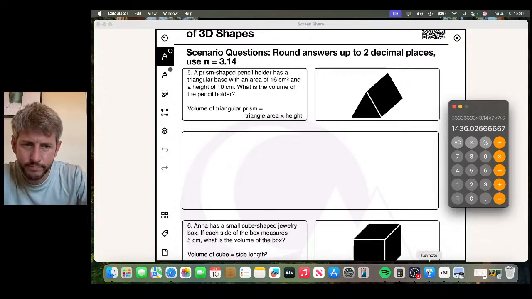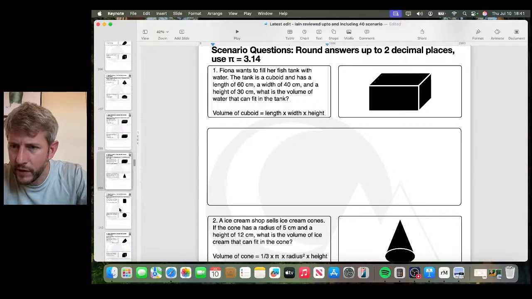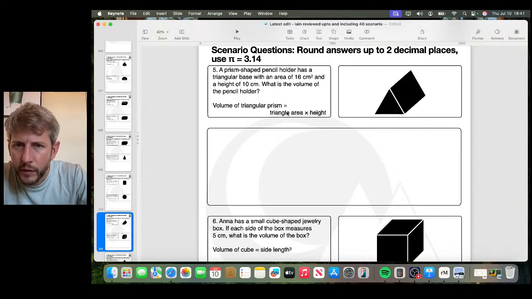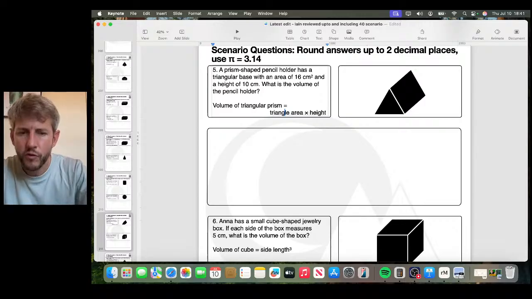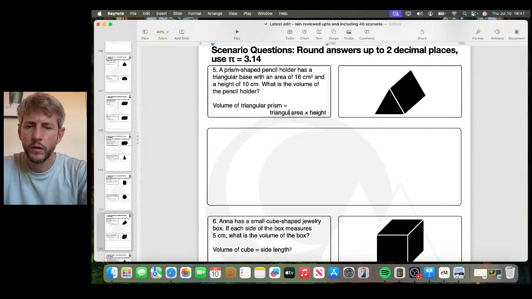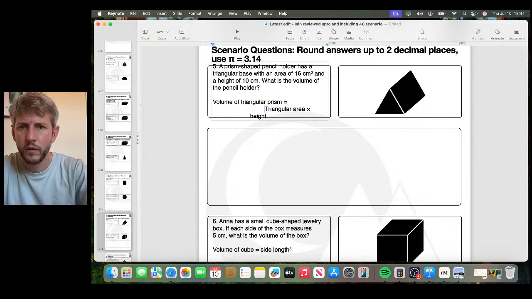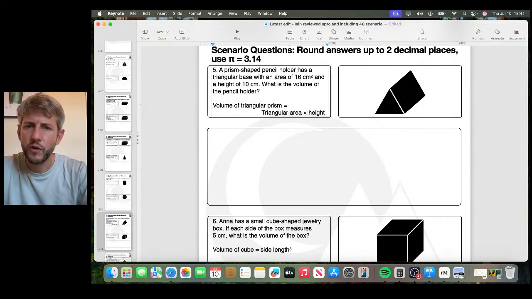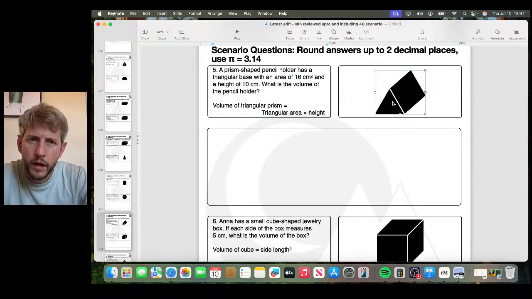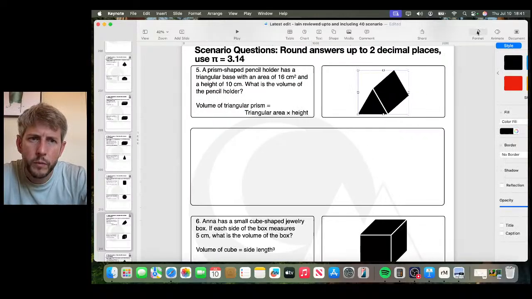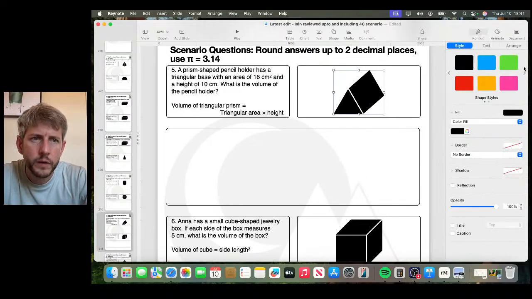that's not right. I've got several things I don't like about that. Equals triangle. Equals triangular area times height, and then format this. Arrange.